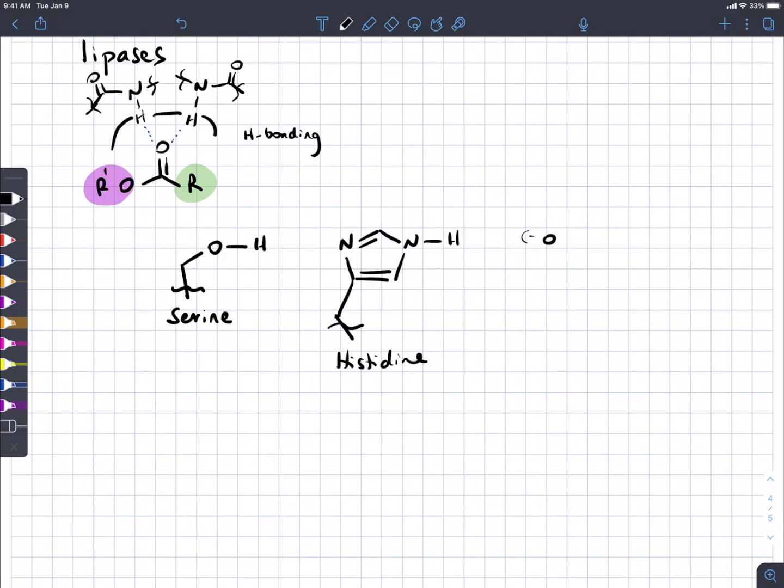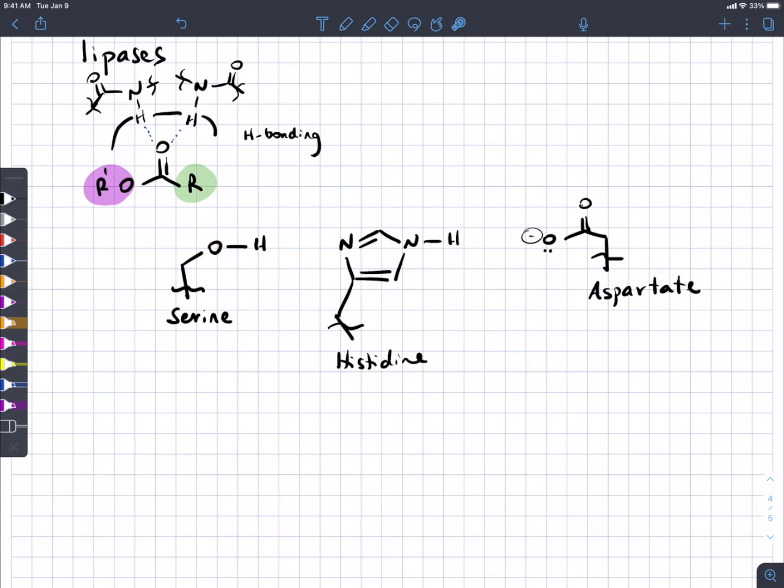And then near the histidine is a side chain called aspartate, which is the conjugate base of aspartic acid. Okay? And the way nature does this is first the serine oxygen attacks the carbonyl carbon. We get a tetrahedral intermediate, and then glycerol leaves.